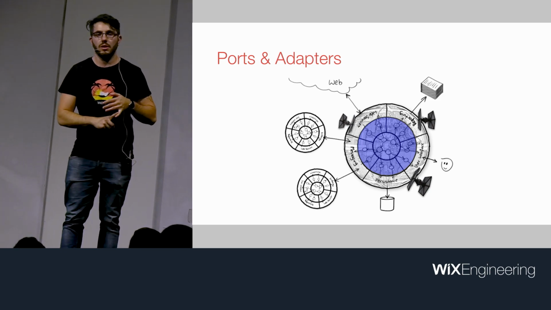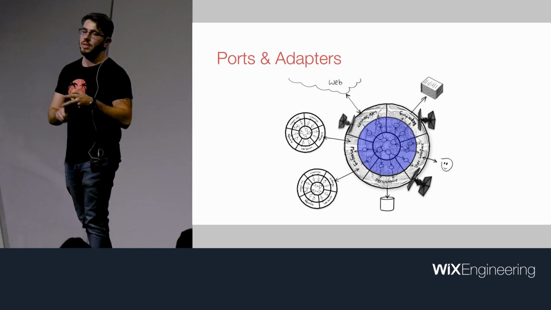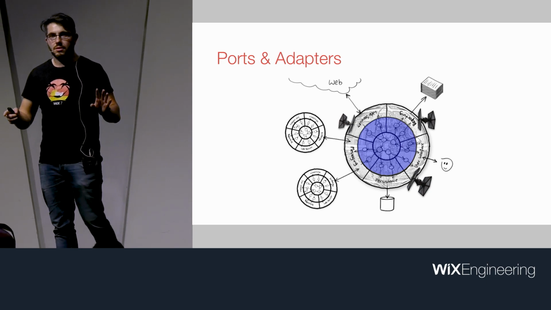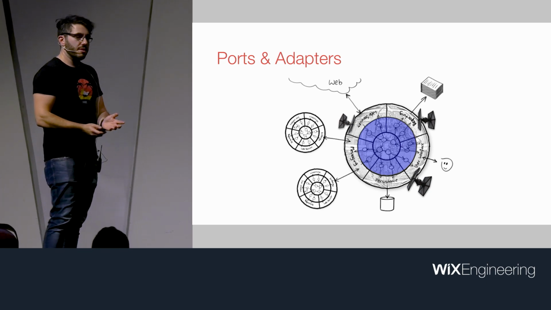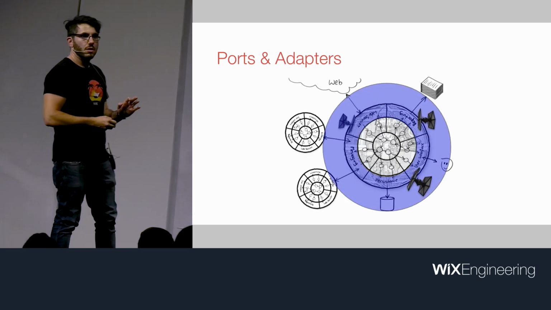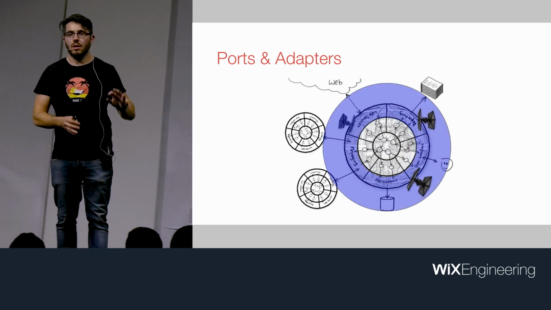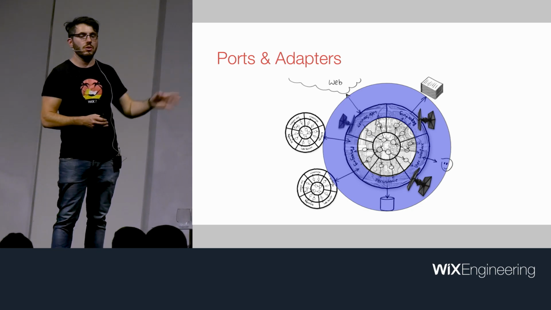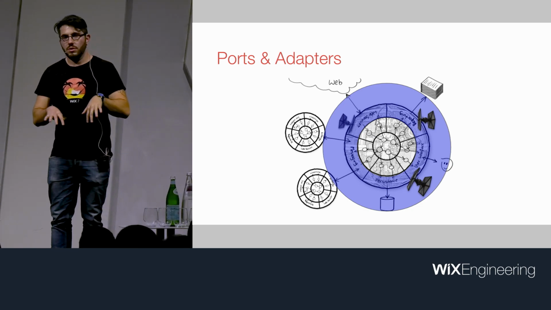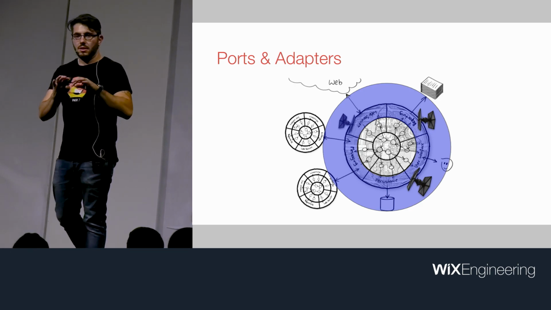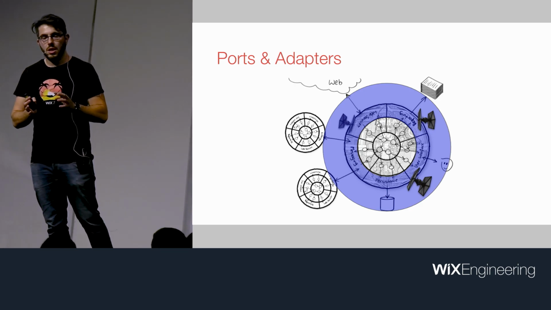There is no HTTP here, there is no React, there is no database, there is nothing, okay? The layer that handles all of that stuff is the outer layer. This is where we write our React, this is where we make our HTTP calls, and so on and so forth. And what this gives us is a separation, okay?